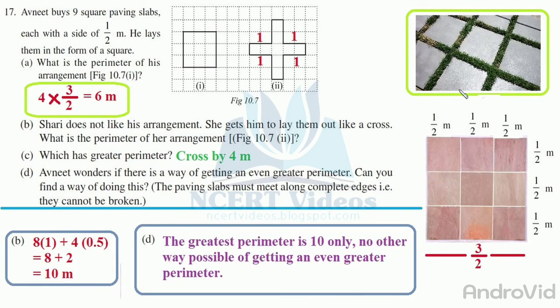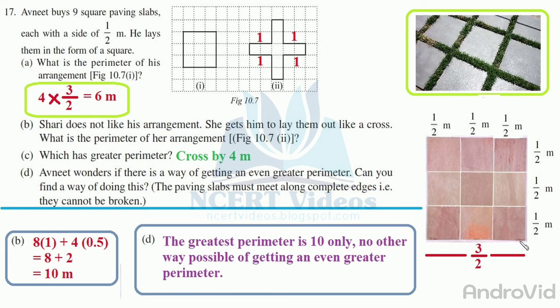So you can see paving stones are nothing but slabs that are used to cover some part of a land. You can also see them in your garden, etc. So these are paving slabs. So the dimensions are half meter each. This is a square, this is half meter, this is half meter again. So if you add all these, you will get half into 3, so it gives you 3 by 2.